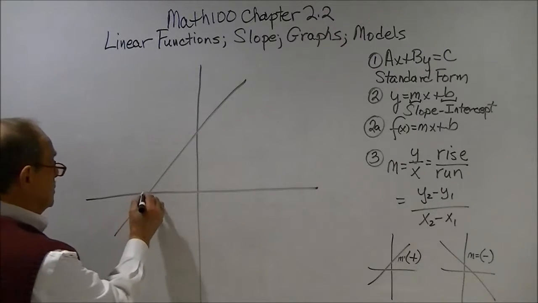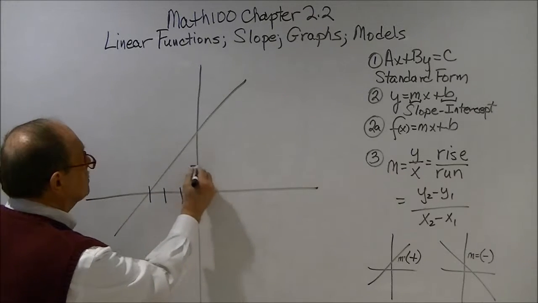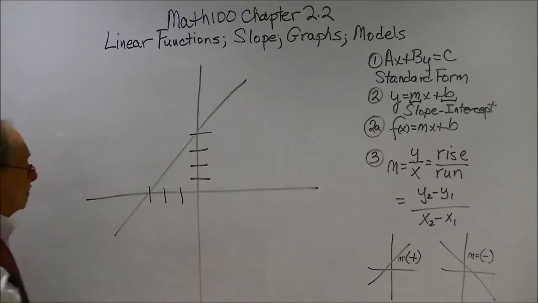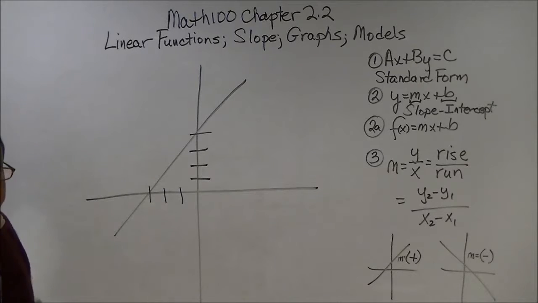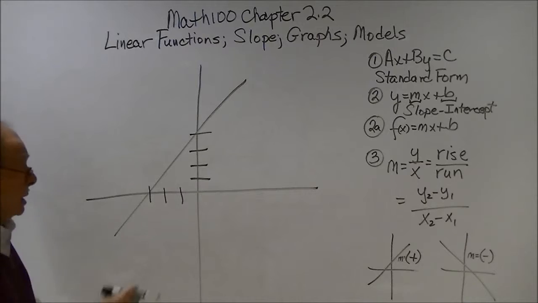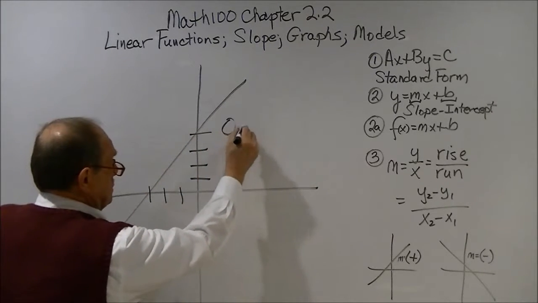Well, of course, on your graph, they would have some marks here. And looking at this, you see, first of all, what is your y-intercept? Well, it's this point right here. So that would be 0, 4.